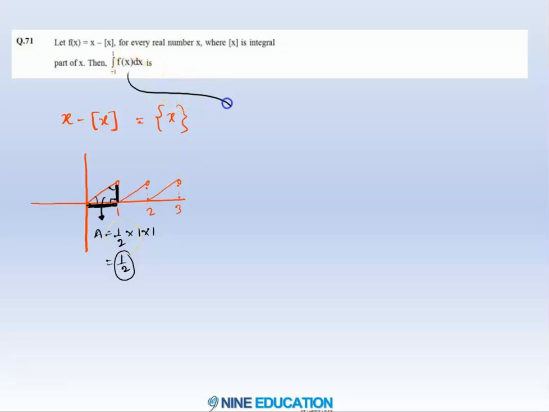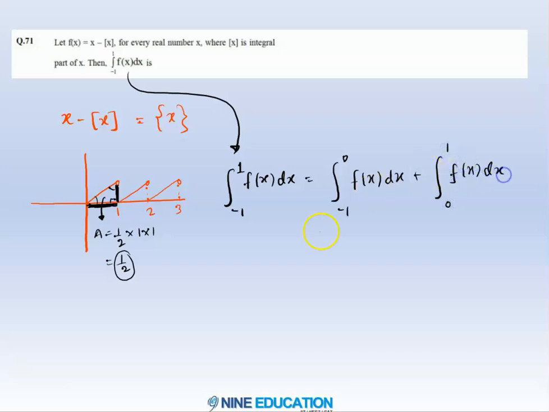The integration is from minus 1 to 1. If I break it, I get two triangles, one from minus 1 to 0 and one from 0 to 1. If we add both the areas, we get 1 by 2 plus 1 by 2, which is 1. So the answer is 1.